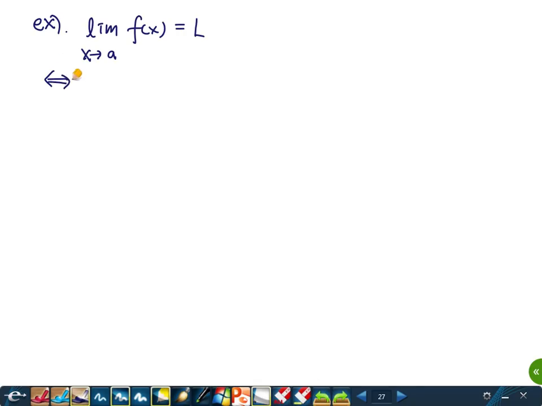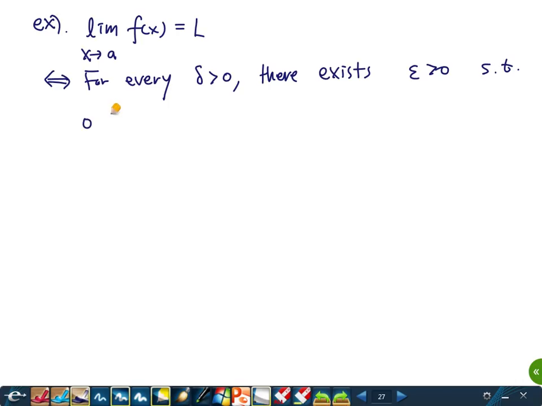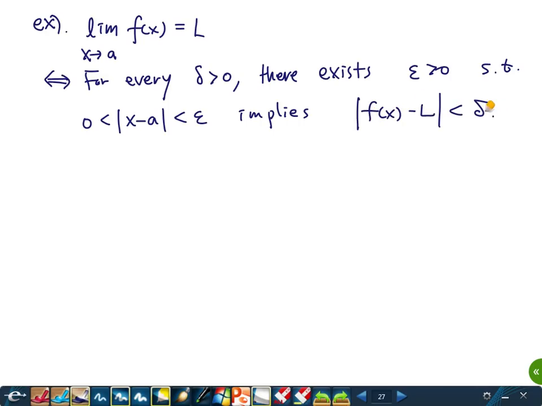This definition, if you learned it in a calculus book: for every delta, positive real number, there exists epsilon, also positive, such that 0 less than |x minus a| less than epsilon implies |f of x minus L| less than delta. This is the precise definition in calculus.